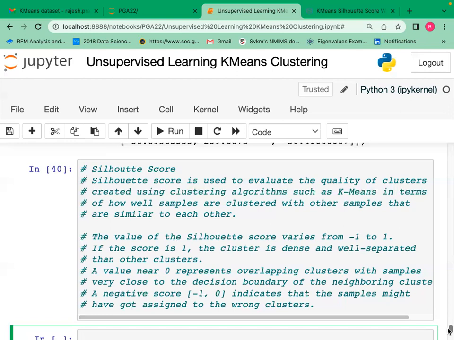Okay. So Silhouette score will tell us whether the cluster formation is good.